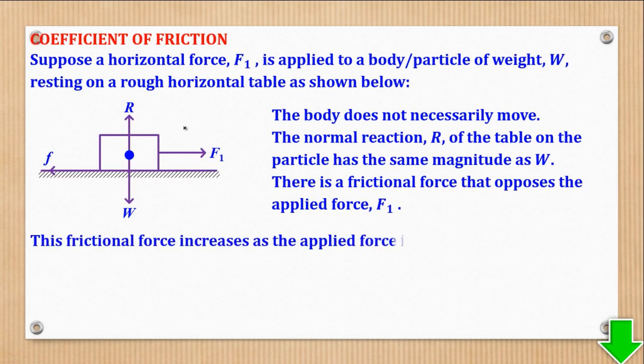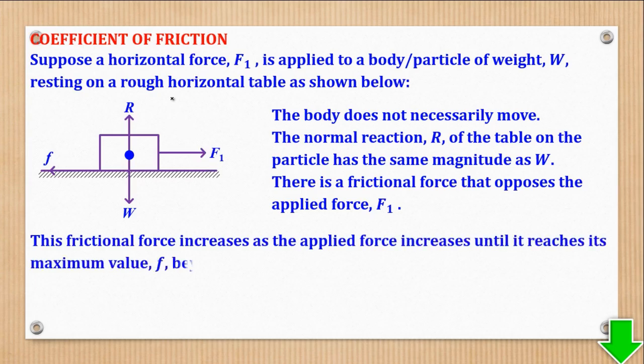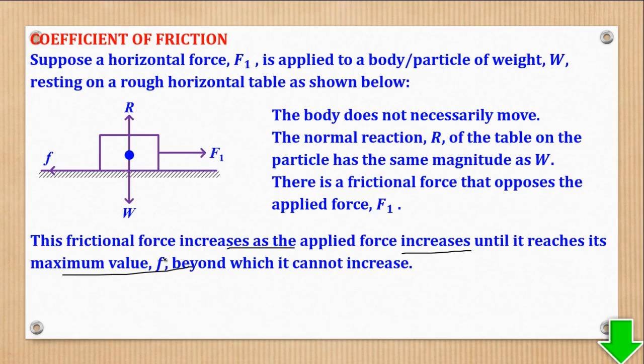But our interest is to get this thing called coefficient of friction. Okay, so you can see that this frictional force increases as applied force increases until it reaches a maximum value F, beyond which it cannot increase.